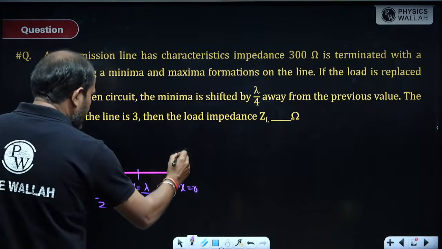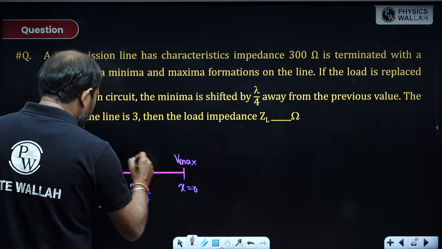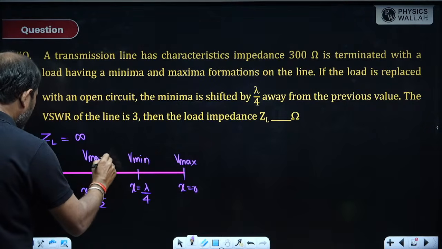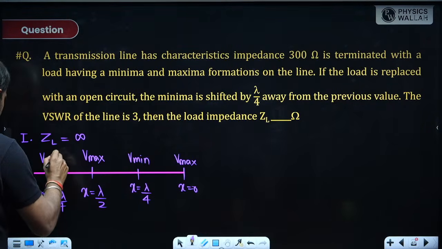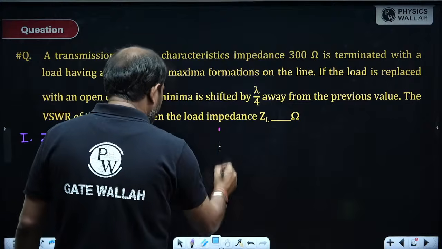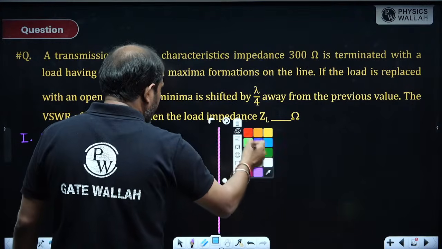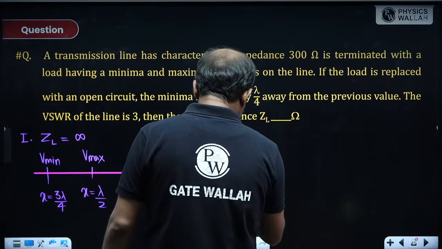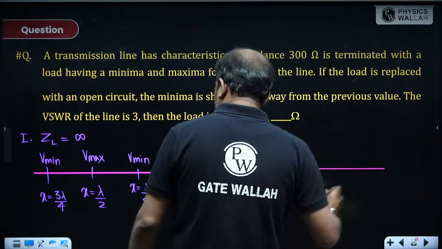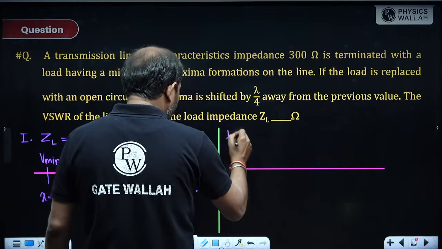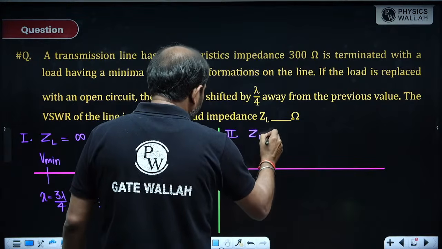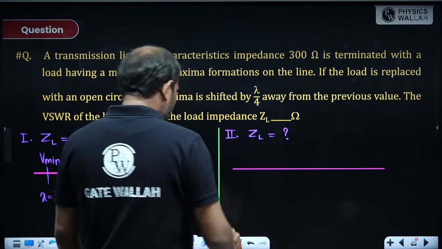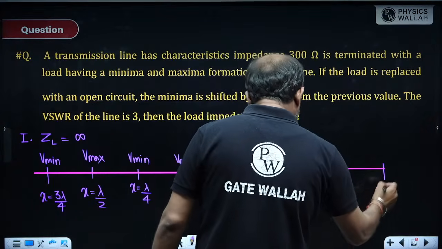So here it will be voltage maximum, voltage minimum, voltage maximum, and voltage minimum. In the second case, it is replaced by some unknown load. We don't know. So here what will happen?